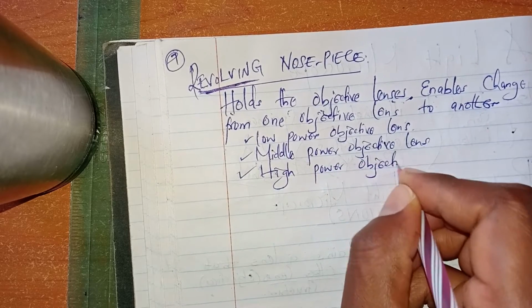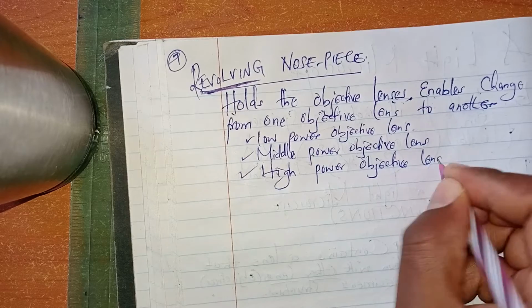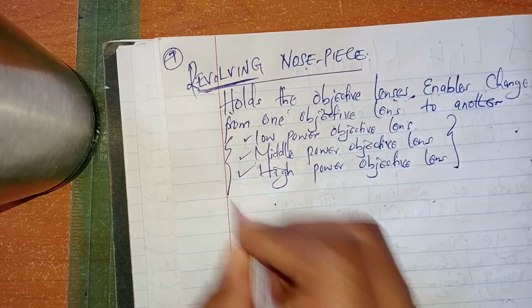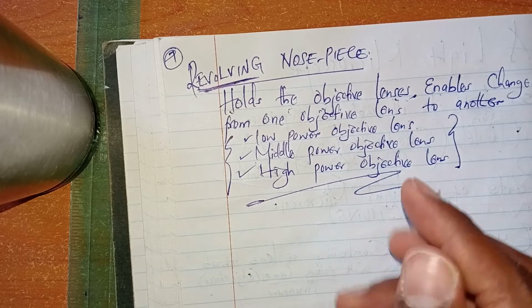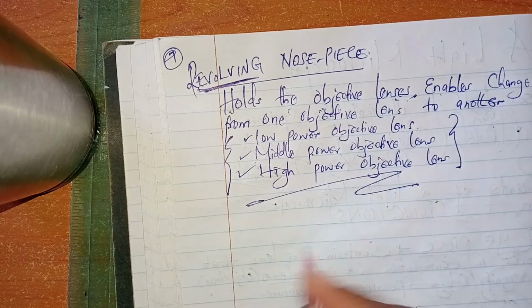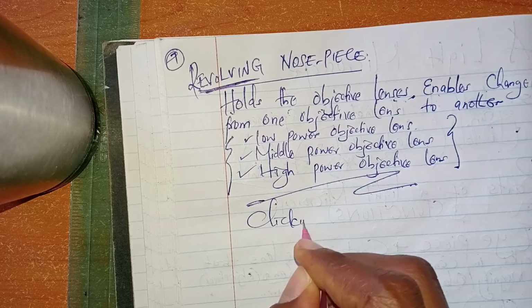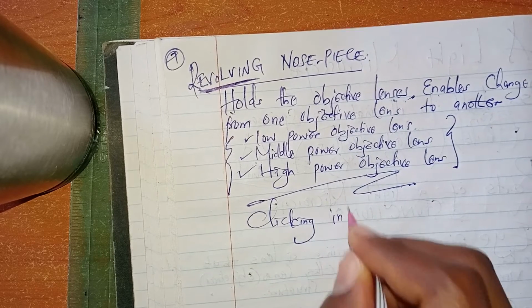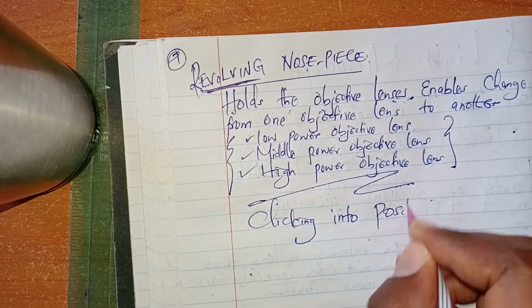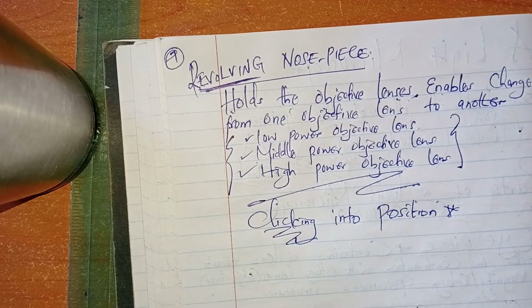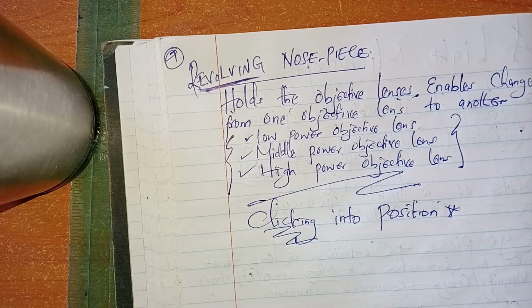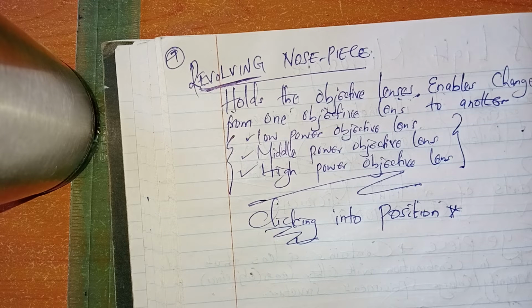Depending on the one that you want to use, you will revolve them. And I said when you revolve it, there is always clicking into position. You will hear the clicking sound. That means you have changed into that objective lens that you are interested in. Then we go to another part.